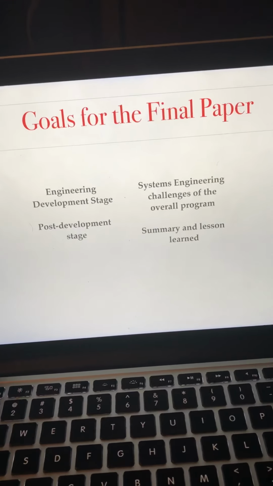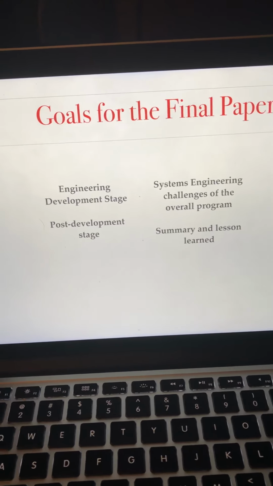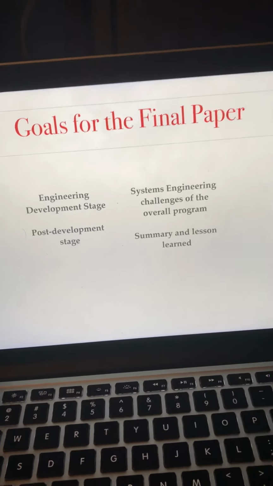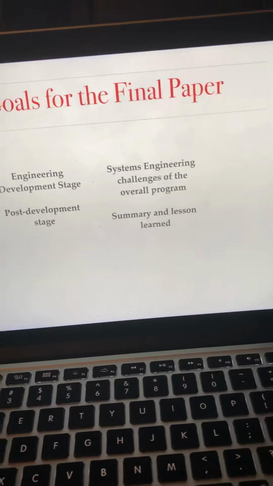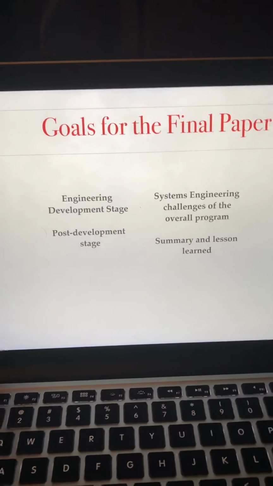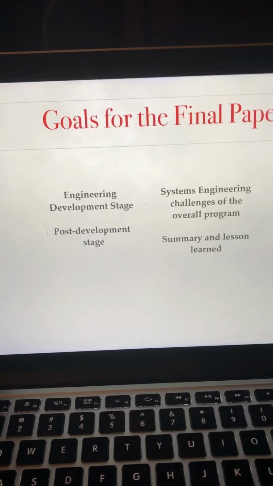And since I'm over the 50 minutes, in this slide I'm going to talk about the goals of the final paper, what I plan on working on now, and the research that I want to do more for the final report and what I want to accomplish.